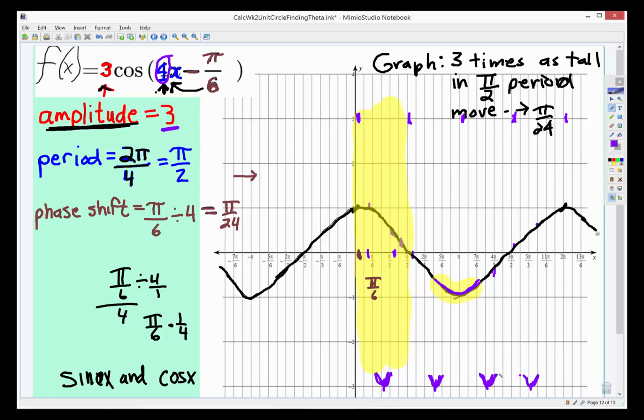Or if it would have been a fraction, it would have taken twice as long, possibly, to get one of those dips. So if the coefficient to x is an integer, it's going to be more wavy. If it's a fraction, it will be less wavy. Okay, I hope that helps with your graphing.